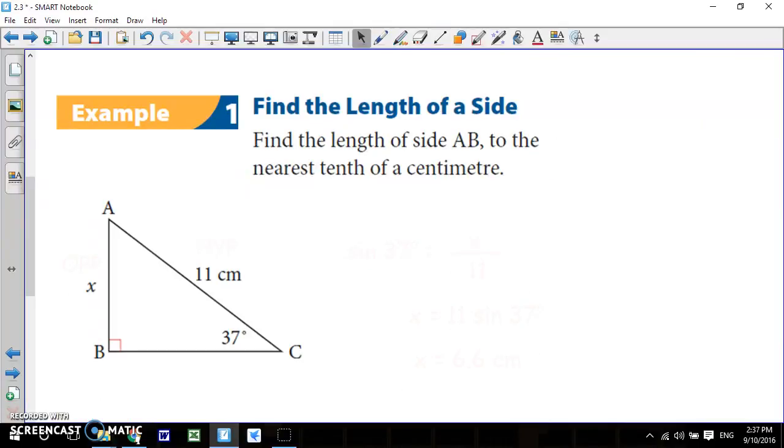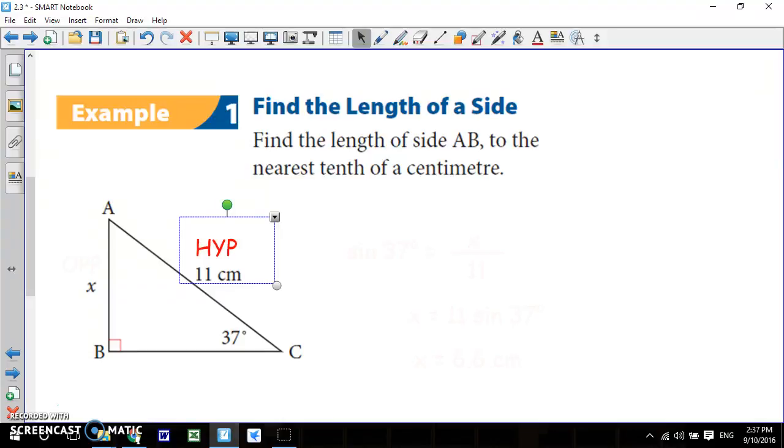Example 1. Find the length of side AB to the nearest tenth of a centimeter. The most important thing when you do a question like this is to make sure you know which sides we're talking about. In triangle ABC, the 11 centimeter side AC is the longest side, so this is the hypotenuse.